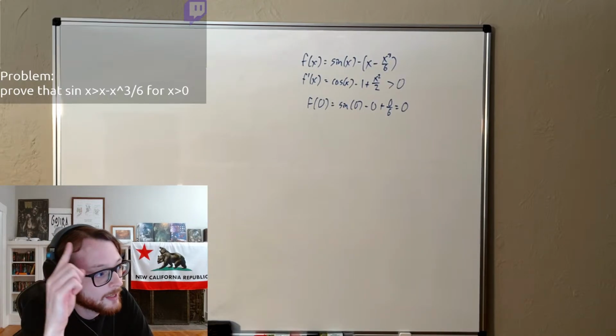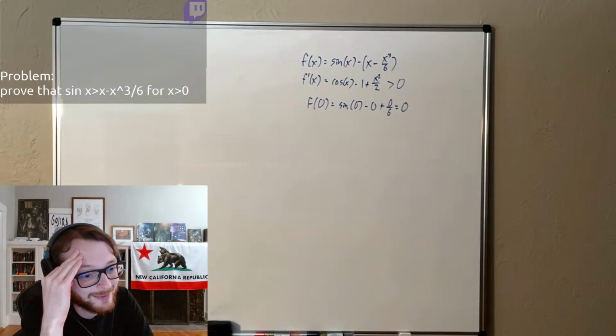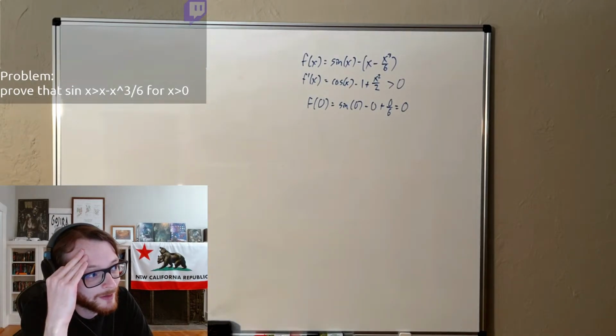Renga, the problem is, up above the cam there's been a lot of suggestions back and forth that it's kind of hard to follow just one line of logic here. I think we're converging on letting f of x, or naming a function f of x, that equals the difference of these two things and trying to prove it's greater than 0.